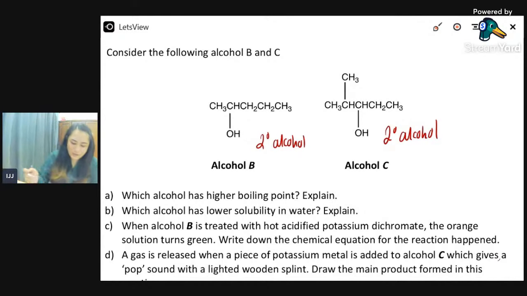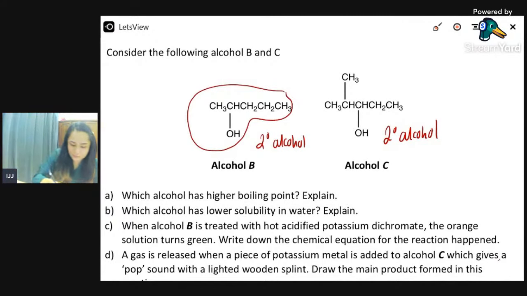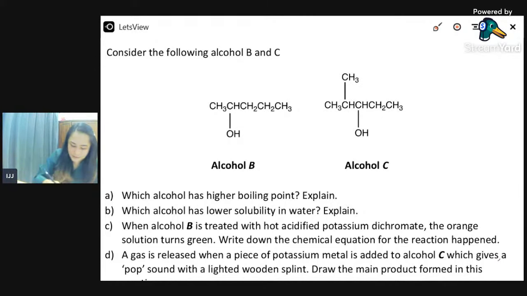But if you look at the structure of alcohol D, let us draw its expanded structure. Okay, expanded structure. So CH3, CH, OH, CH3, CH, OH, CH2, CH2, CH3.